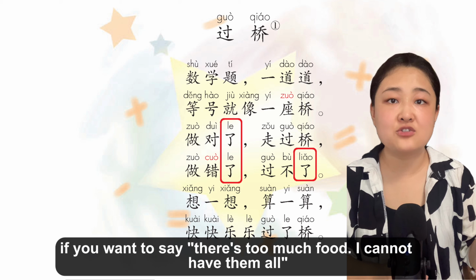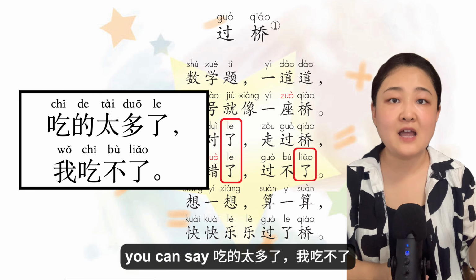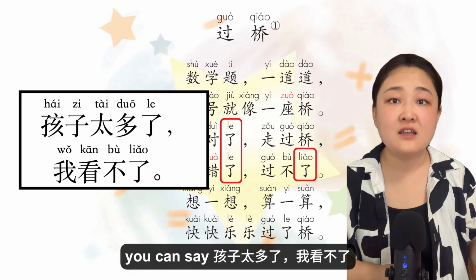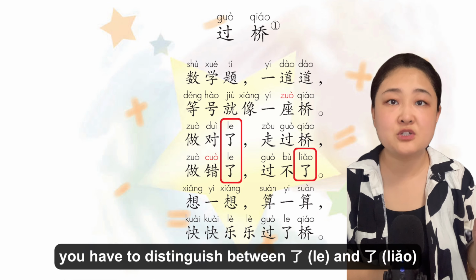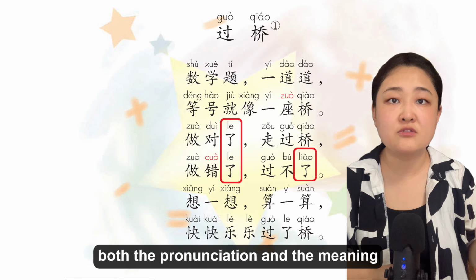If you want to say there's too much food, I cannot have them all, you can say 吃的太多了,我吃不了. Or if you want to say there are too many small children, I cannot babysit them all, you can say 孩子太多了,我看不了. So you can see how this character 了 can be used. You have to distinguish between le and liǎo, both the pronunciation and the meaning.